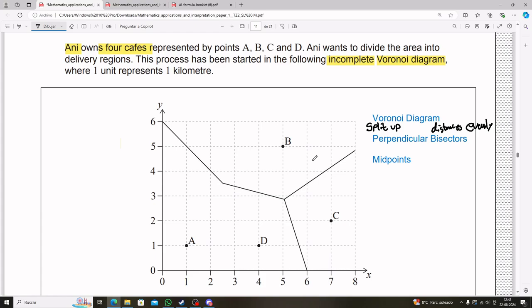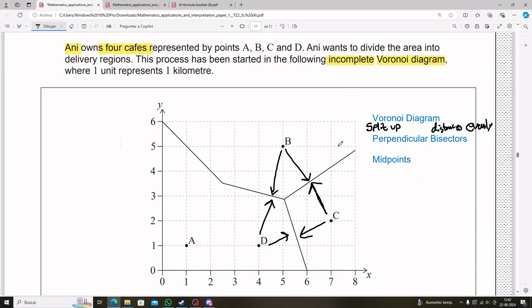Because what would make sense for Annie, right, is to plop into this graph all the different locations of the cafes, right? And so it would make sense that the distance from here to here is the same as the distance from here to here. Okay? The distance from here to here is the same as the distance from here to here. The distance from here to here is the same as the distance from here to here.